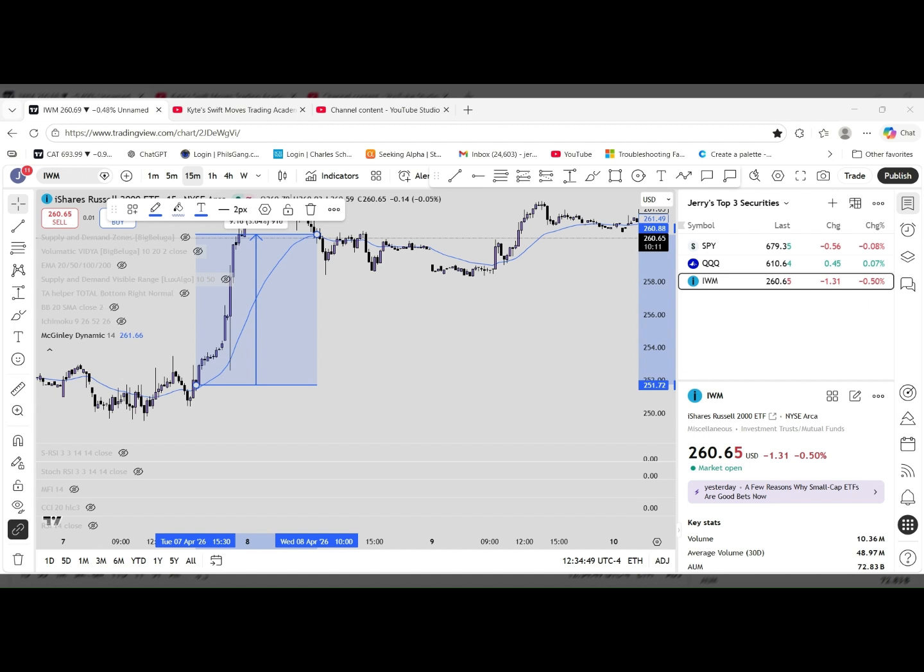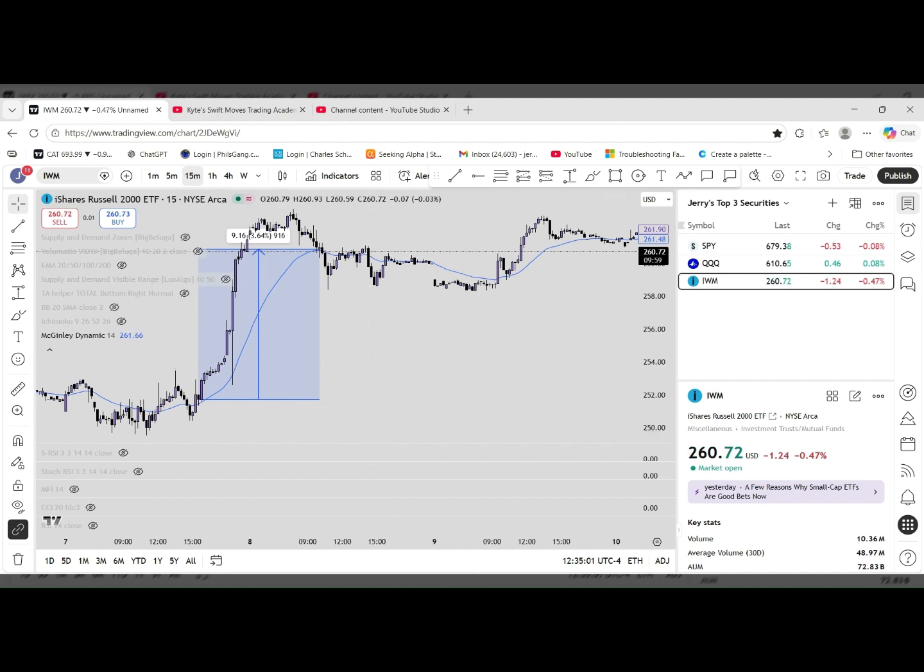That's a $9.16 change in price, so that's $2.29 per share, or $229 per contract. And again, if you had 10 contracts, you just made $2,290. Not bad money at all, at least in my book. To me, any profit's a profit, every profit's a gain.